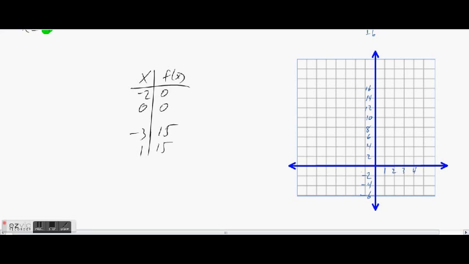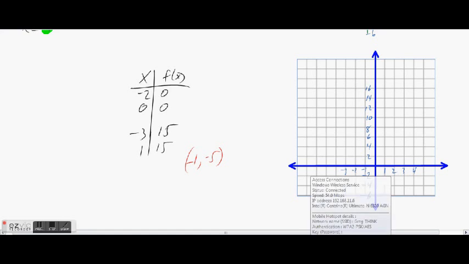Alright, so let's start plotting. I forgot what the vertex was. The vertex was negative 1, negative 5. I apologize, guys. So, negative 1, negative 5. I hope you guys agree.